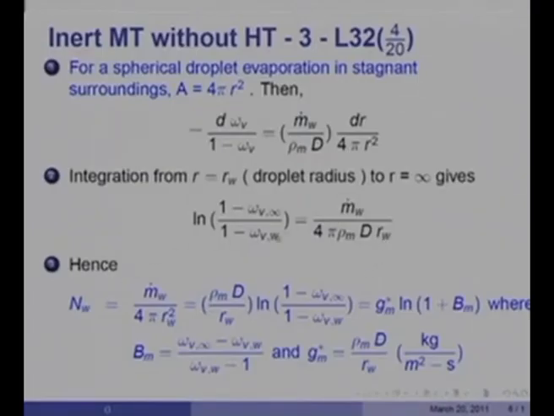If I rearrange this equation, it would be written in this fashion: N w will be equal to m dot w divided by the area of the spherical droplet, 4 pi r w square, which would be equal to rho m d over r w into this quantity, which again can be written as g m star ln 1 plus B m, where B m is again as before omega v infinity minus omega v w over omega v w minus 1, and g m star, which is the coefficient, if you like, is rho m d divided by r w, instead of L in the previous problem when the area is constant.